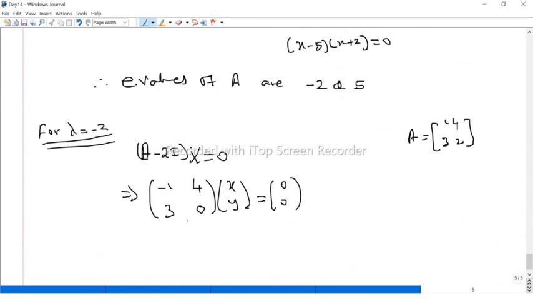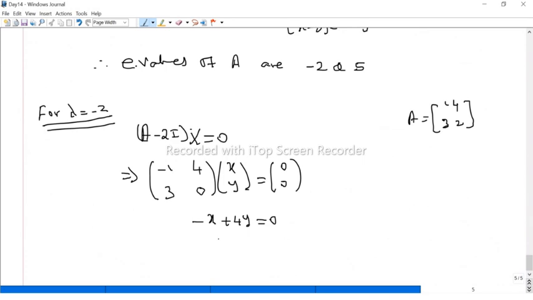Now just multiply this, what you'll get? Minus x plus 4y equal to 0. Now from the second, 3x equal to 0. Therefore x should be 0. If x is 0, then y must be 0.